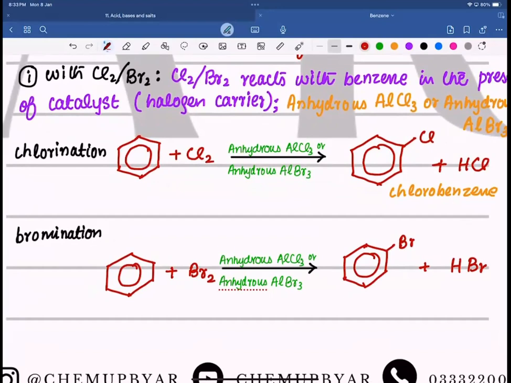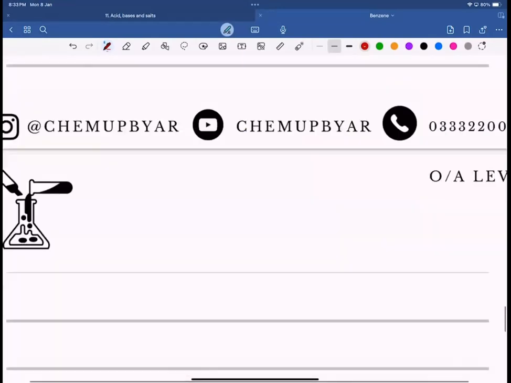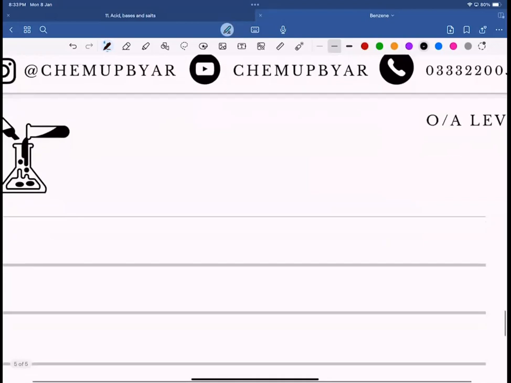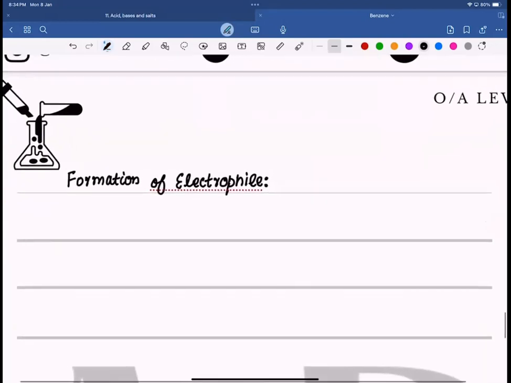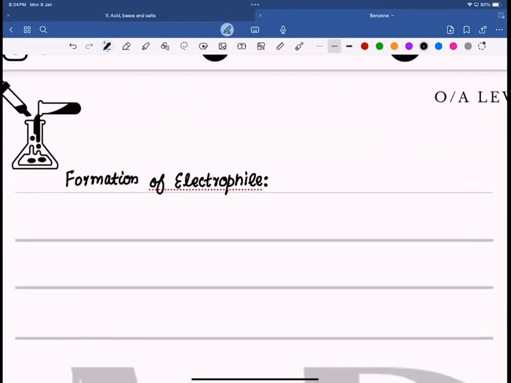Okay, now we are going to discuss the formation of the electrophile.